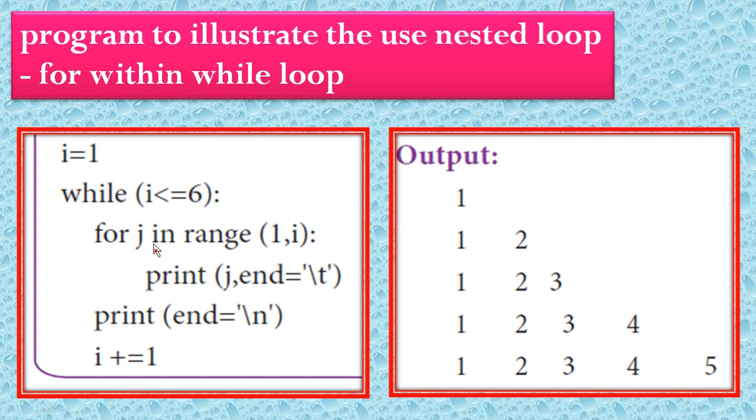So, the value of j ranges between 1 and 2. So, 1, 2 is printed here. Similarly, in the next cycle, the I value reaches 3. So, 1, 2, 3 is printed by using this print statement. And so on. At the end, 1 to 5 is printed. So, we can print this pattern by using this program.